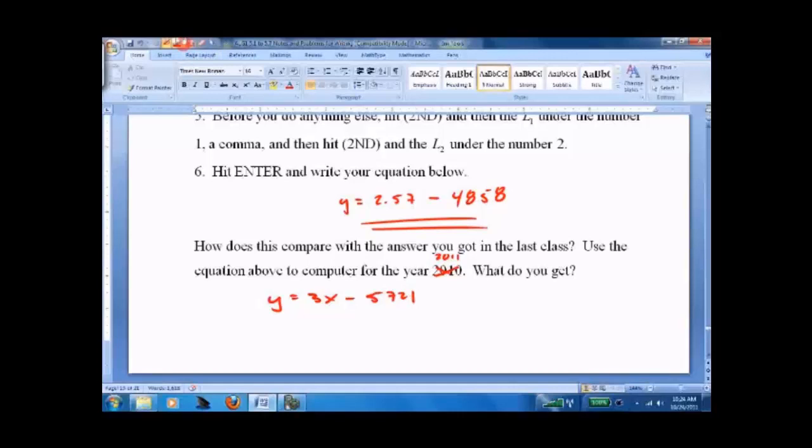So let's take the year 2011 and put it into both. There's supposed to be an x here. So y equals 2.57 times 2011 minus 4858. Y equals 3 times 2011 minus 5721.